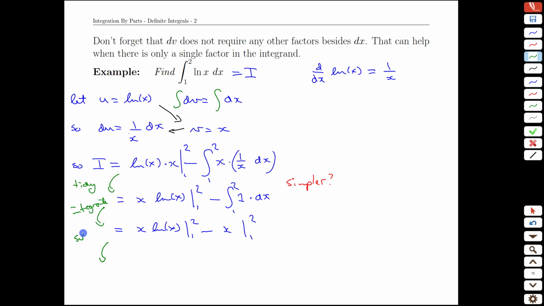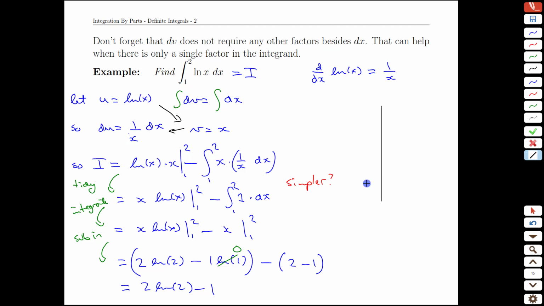And so we can just do the subbing in part, the 2 and the 1. We're going to have 2 ln 2 minus 1 ln of 1 minus 2 minus 1. Quick check, ln of 1 in fact is 0, so that term is going to disappear. And so we get 2 ln of 2 minus 1 at the end of the day.